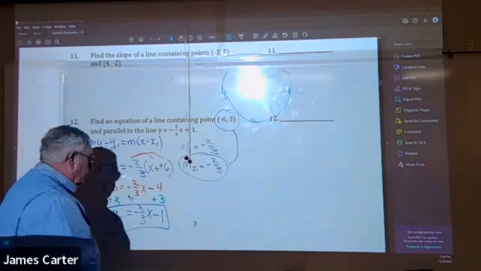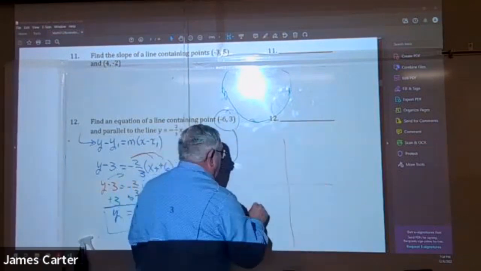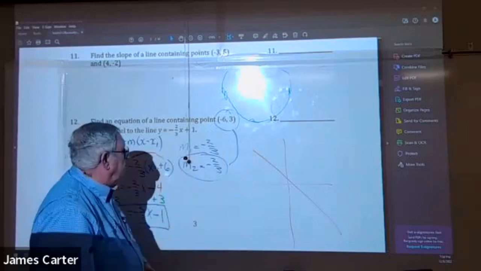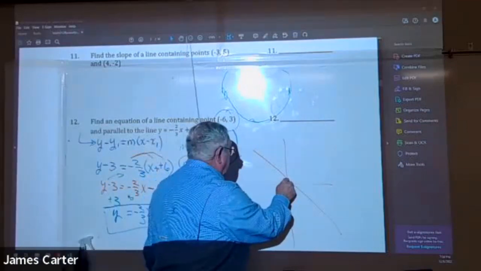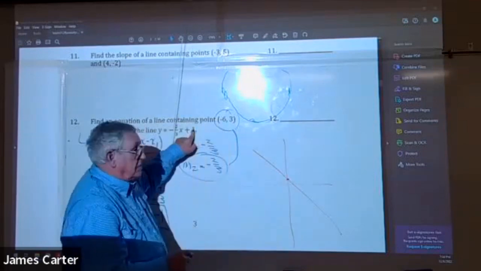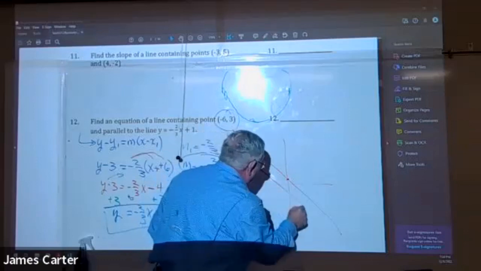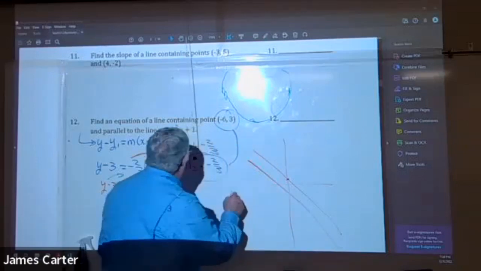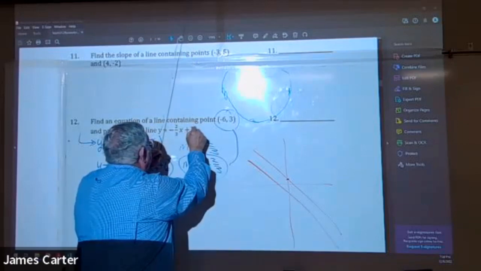Now, for example, let me draw an illustration of that. Let's say that this was the first equation. That's the y-intercept on this one. If I had an equation right here, then I would have on the end a -2.